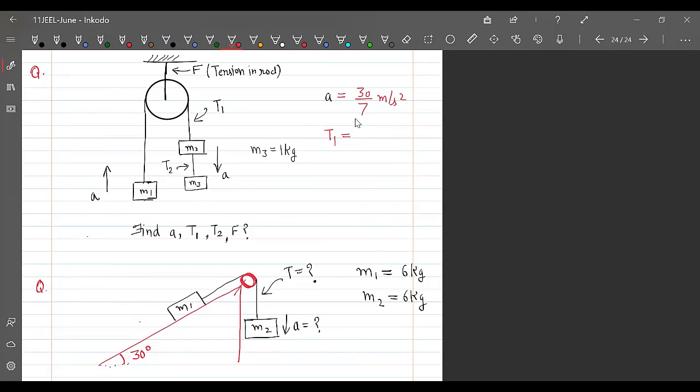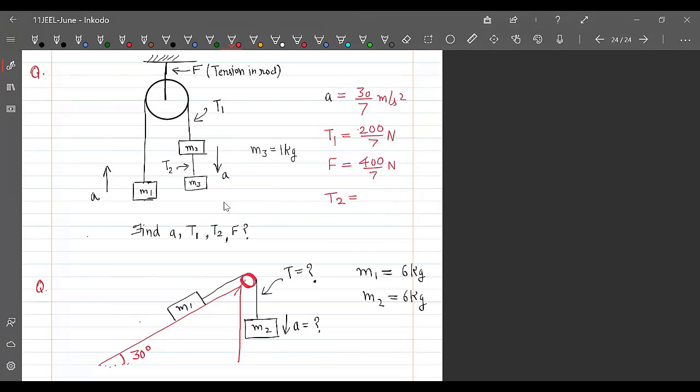So T1 will be two hundred by 7. Then F will of course be 400 by 7 Newton.